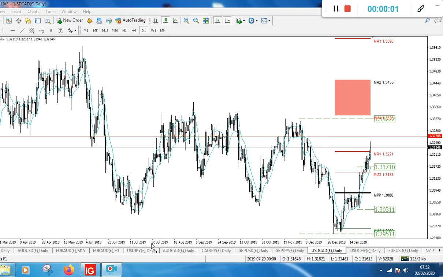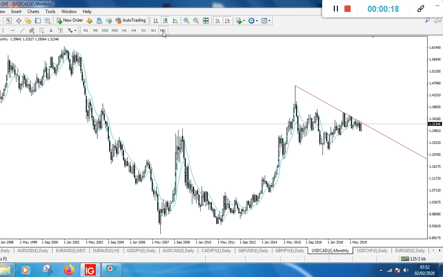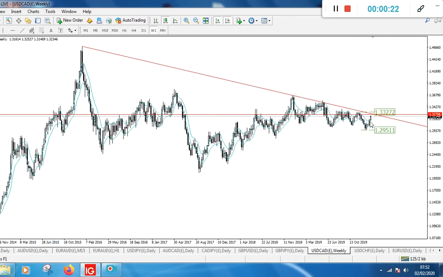Right, US dollar against Canadian dollar. The currency has been going up pretty well, and now it's approaching this resistance, these highs. You see that red line, and it's coming up to the weekly trend as well as monthly trends, pretty much. And I think there will be some decent resistance in there.